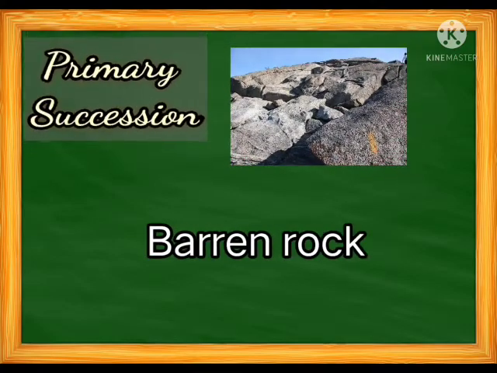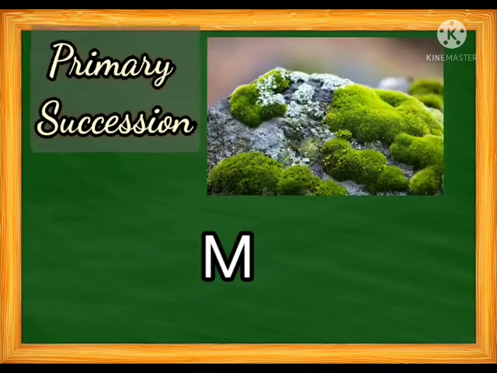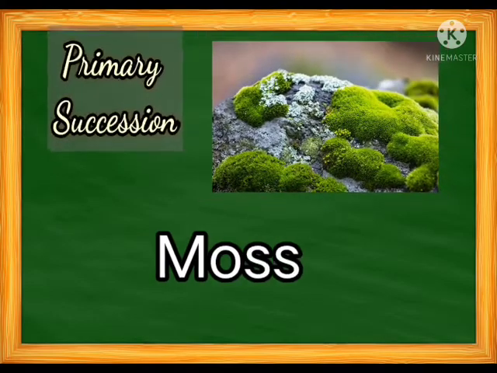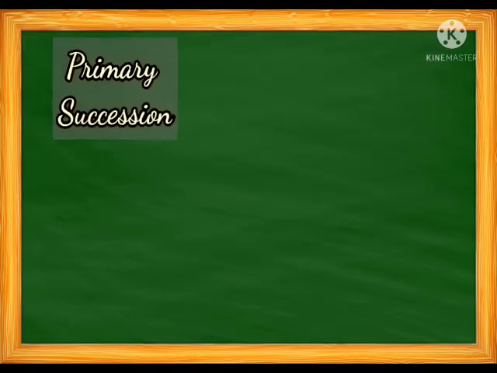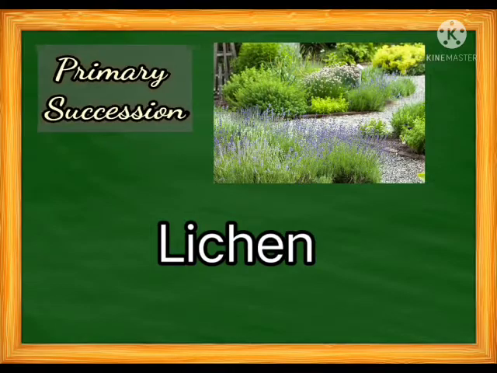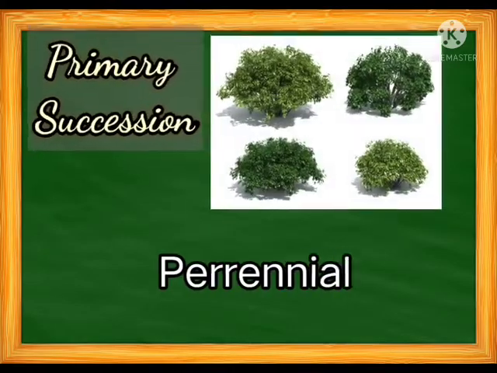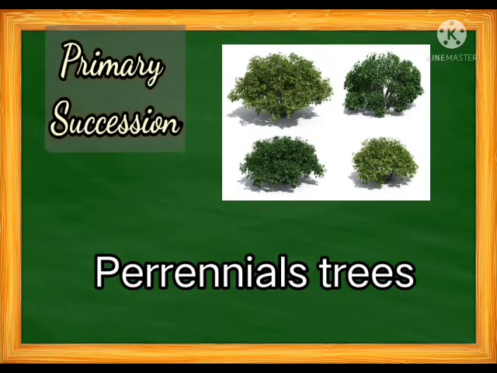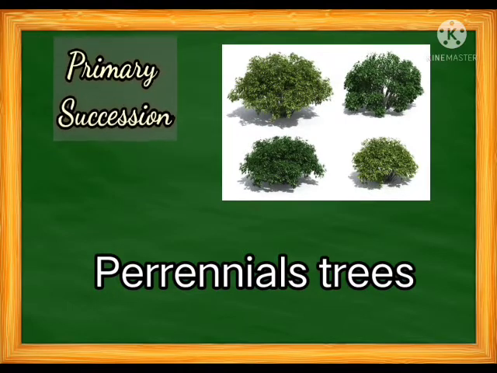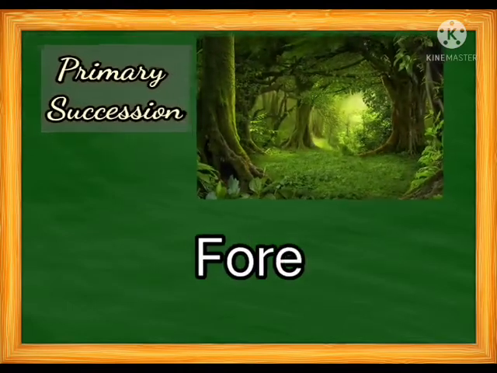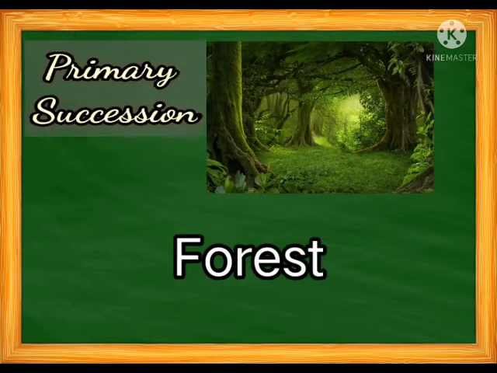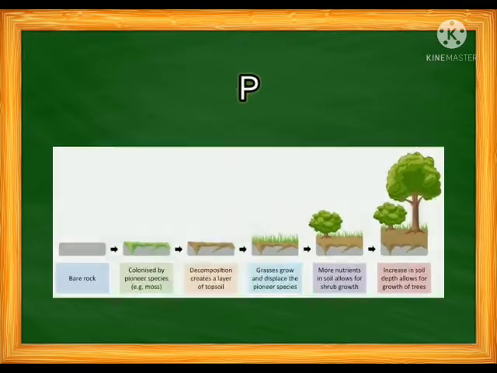A landscape is dry and bare. Next, moss, a tiny plant that is leafy-stemmed or flowerless. Lichen is a leaf-like or branching growth on the rocks. Perennial plants live year after year. And the last one is forest, large and covered with trees and old undergrowth.